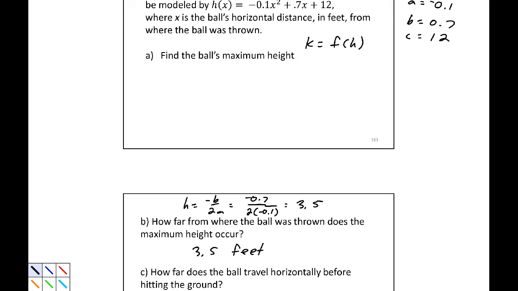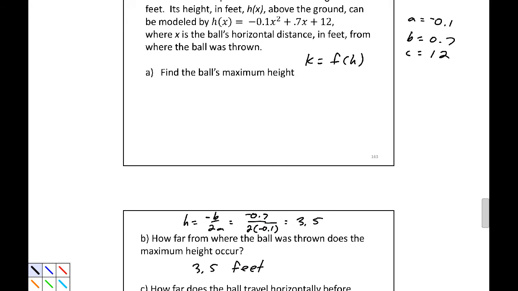Now the maximum height will occur at that point, so k equals f of h. In this case, the f is our function h of x, and h is the value we just found. So we'll find h of 3.5 equals negative 0.1 times 3.5 squared plus 0.7 times 3.5 plus 12. I'm going to do this with a calculator.